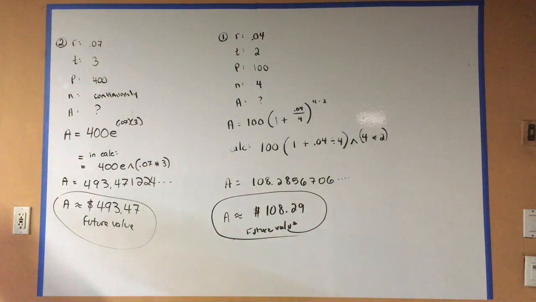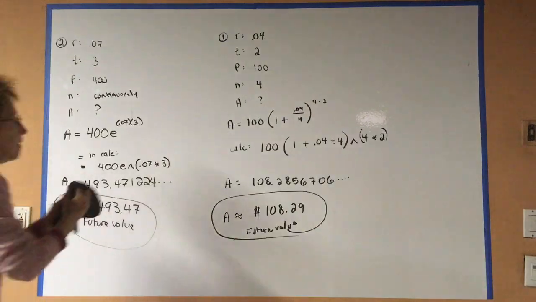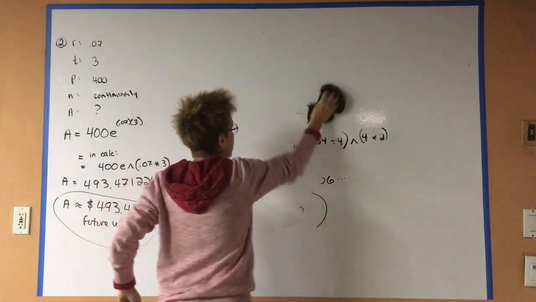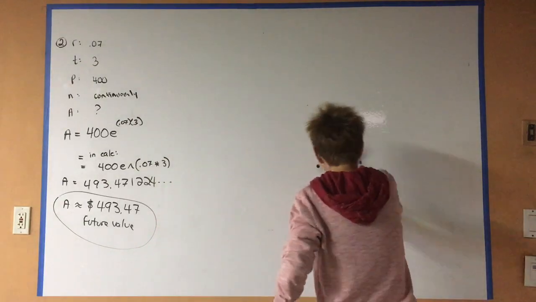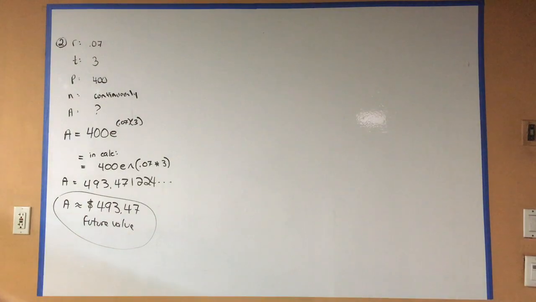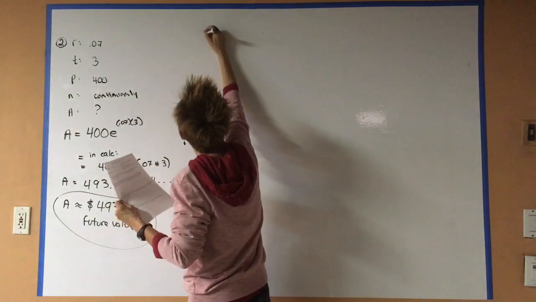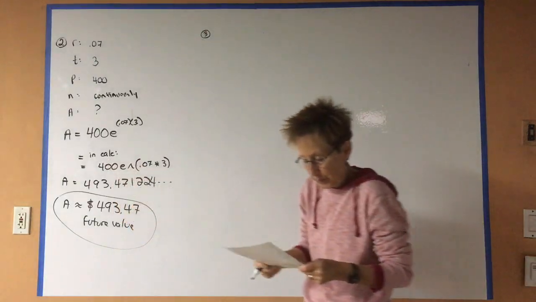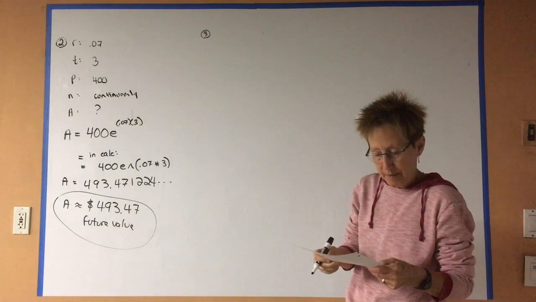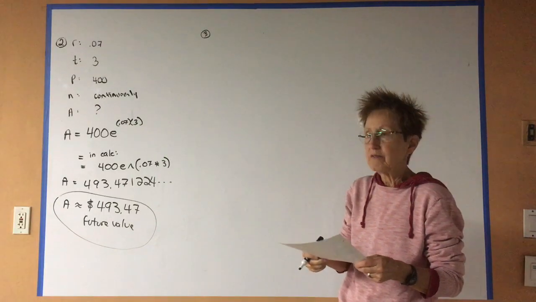So number 3. Says that Joe needs to have $300 after 4 years at 3% compounded daily. How much should he invest now?